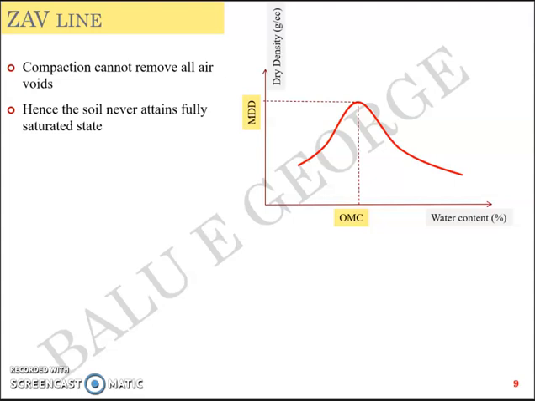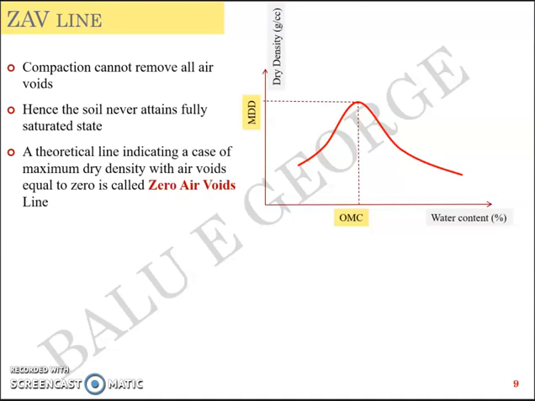There's no such practical case using compaction. You can't attain fully saturated state using any sophisticated compaction method. But there's a theoretical line indicating a case of maximum dry density or fully saturated state with air voids equal to 0, right? So it's written theoretical because it is a pure theory thing.